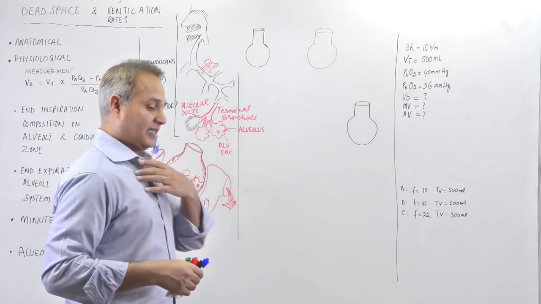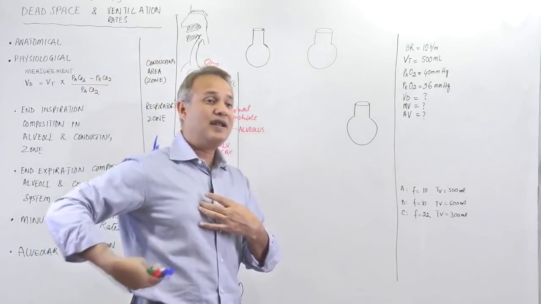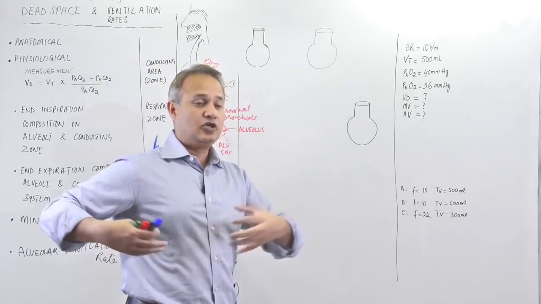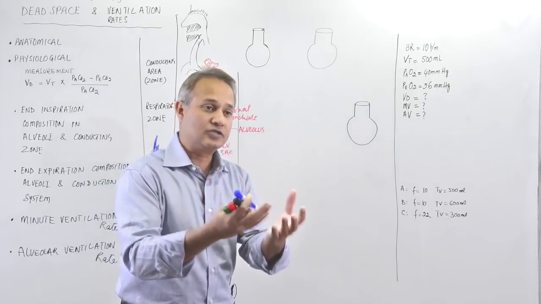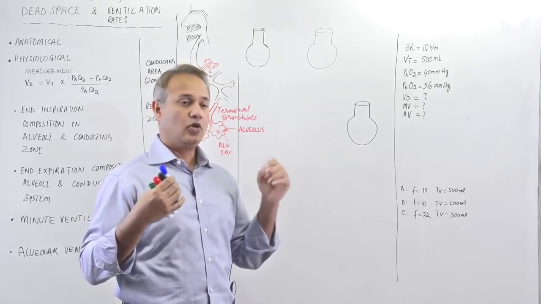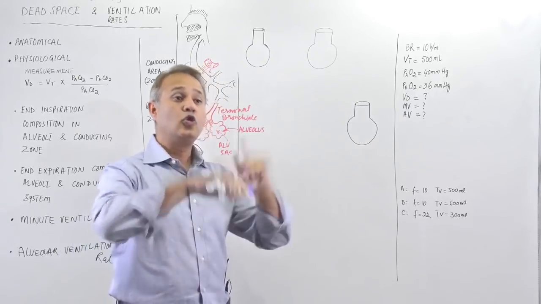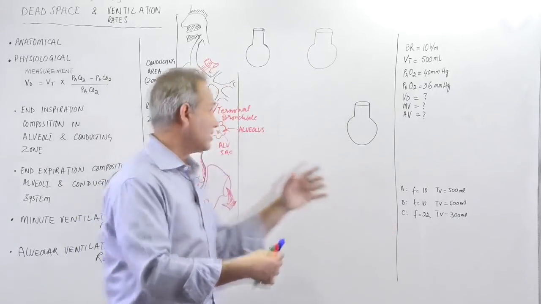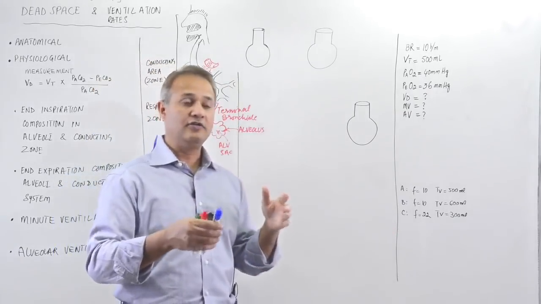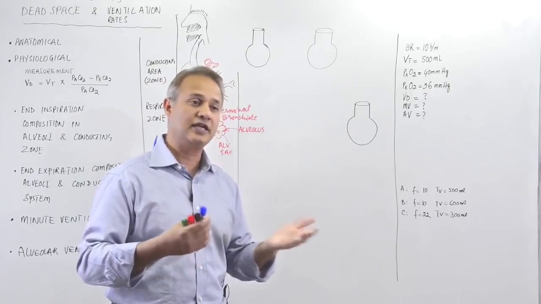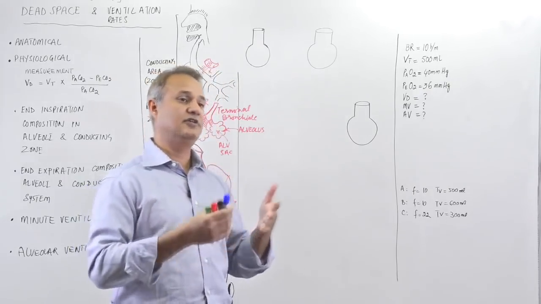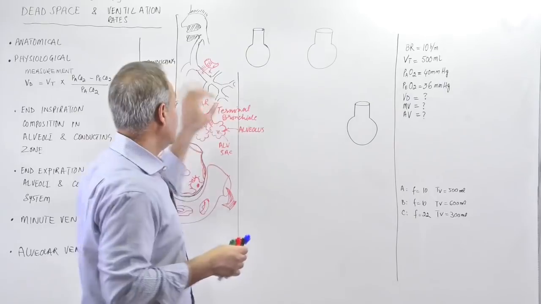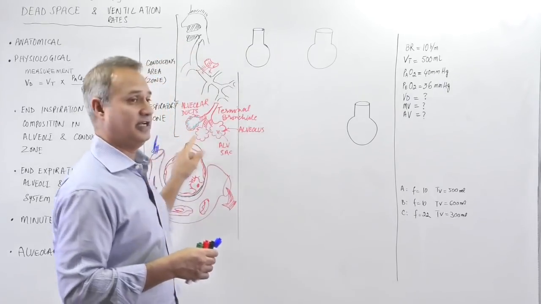Then you take the anatomical dead space plus this extra alveolar dead space, you combine them together, and that is called physiological dead space. Or simply put, the total dead space in the lungs, regardless of their zone, is called physiological dead space. The total area that will not take part in the gaseous exchange is physiological dead space. Mathematically, physiological dead space equals anatomical dead space plus alveolar dead space.